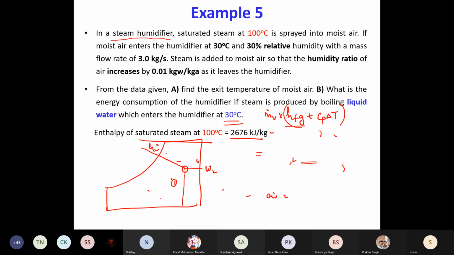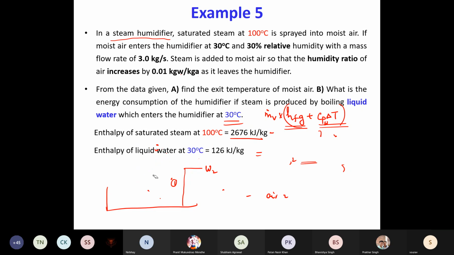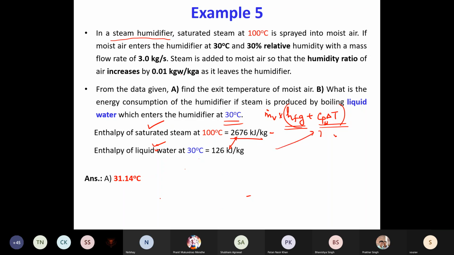So whatever the latent heat of vaporization is, plus the Cp delta T, Cp of water. So you already know the enthalpy of saturated steam. From this question, you also know the enthalpy of liquid water. You can also just subtract these two values. This will be equal to this value.